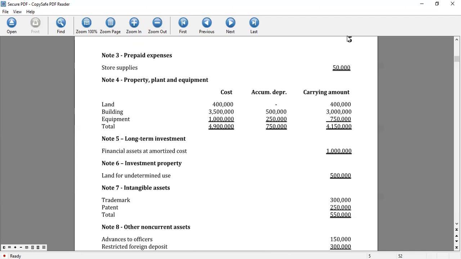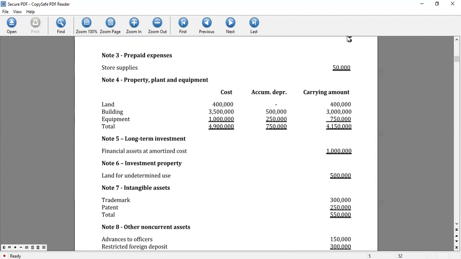Then note number 6, investment property. Now, the land for undetermined use of 500,000, as included among the current assets, is shown in note number 6.